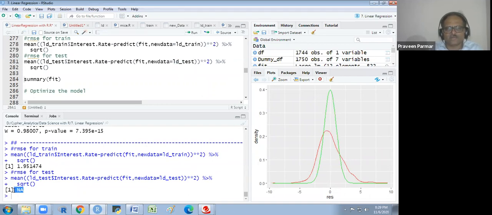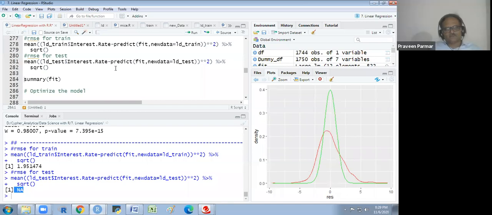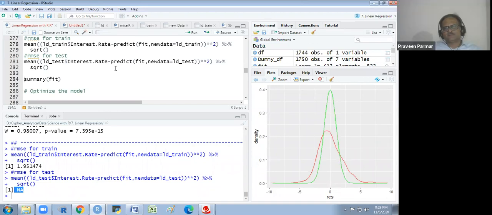Why is it not giving me the RMAC? You know that. Why? We are using this test data in our model, and I want the prediction from the unknown data.